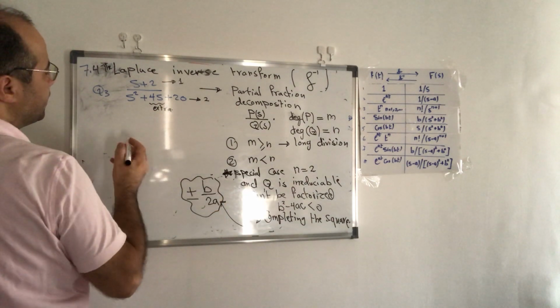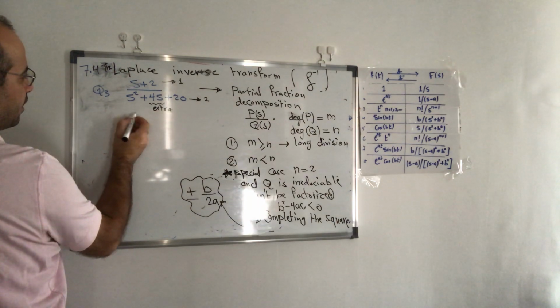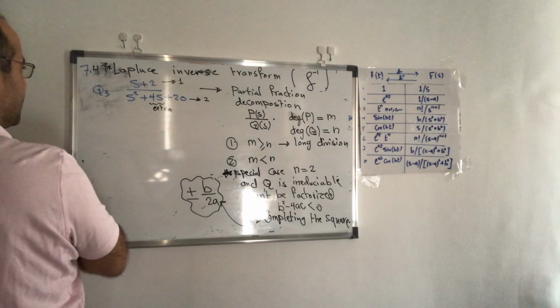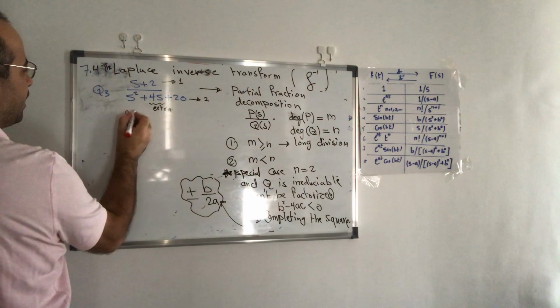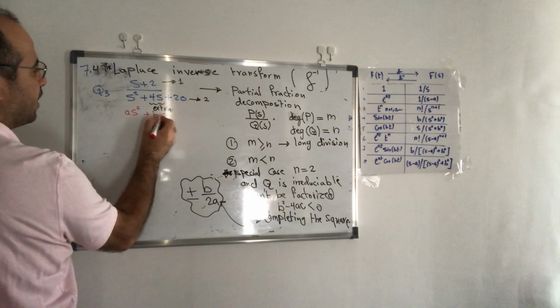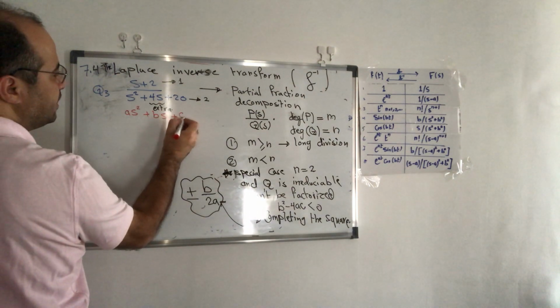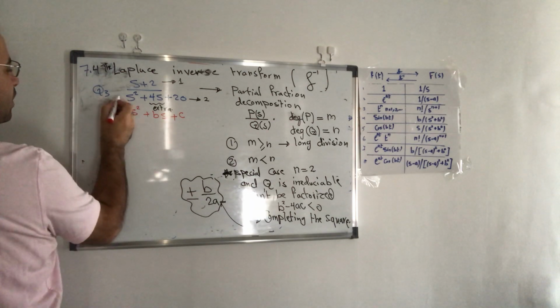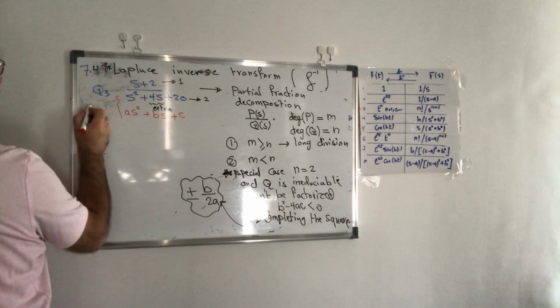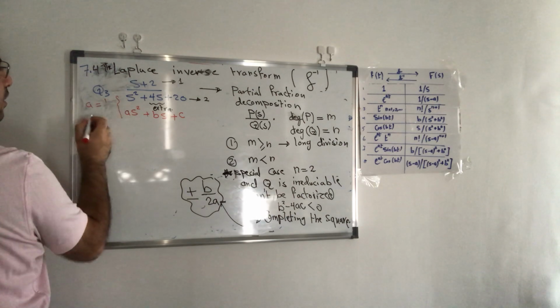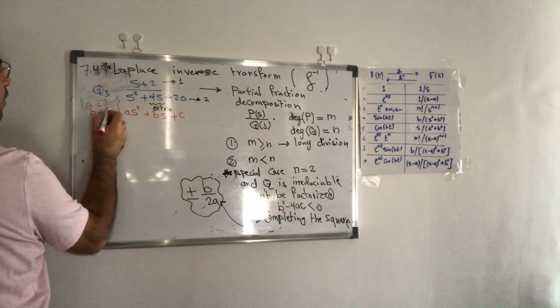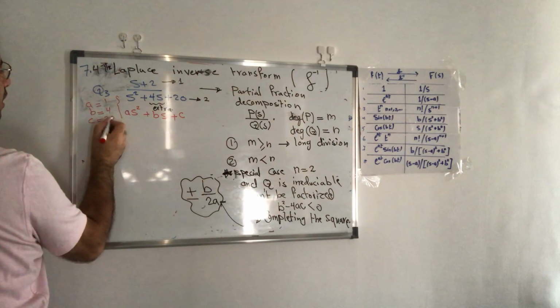So now let me write here in red, if you have as squared plus bs plus c, yeah? And then what is a? A is clear here. A is 1, b is 4, and c is 20, right?